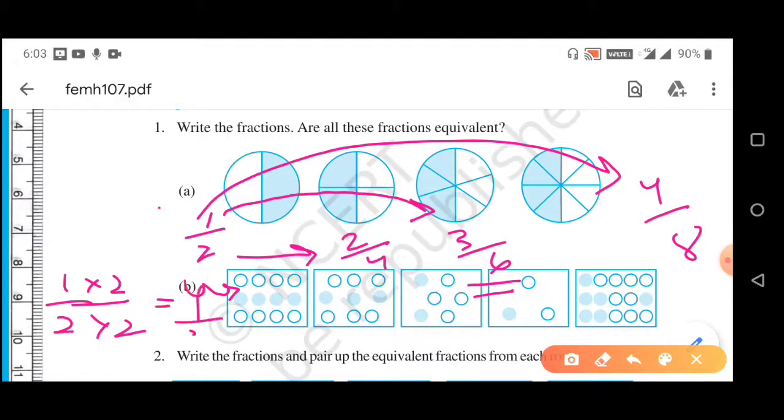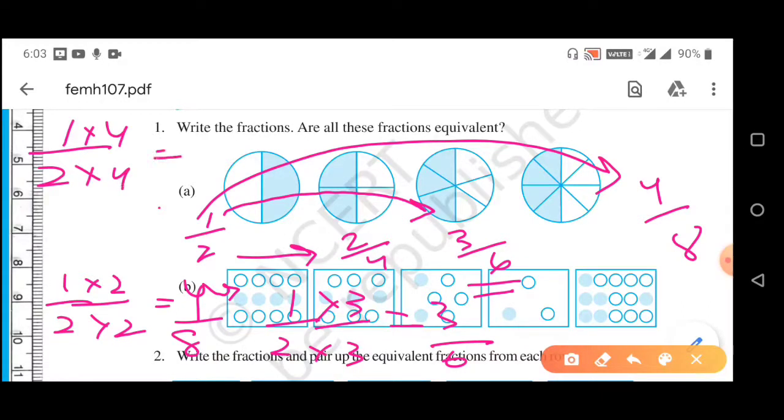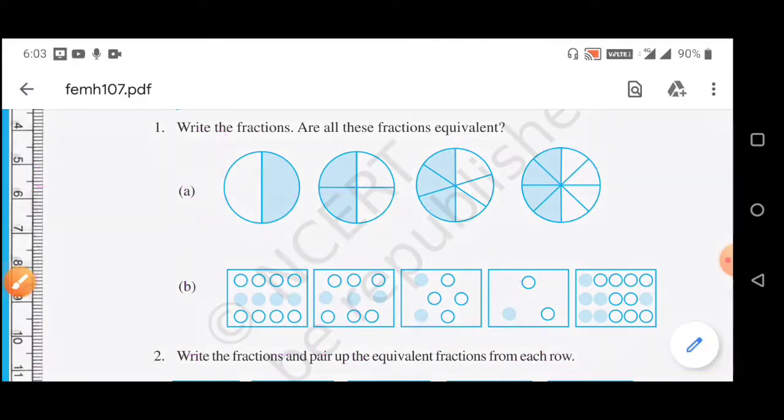If we multiply by 3, then 3 by 6 again. 4 by 8. So these 4 fractions are equivalent because we are getting the fractions by multiplying the numerator and denominator of 1 by 2 by the same number.